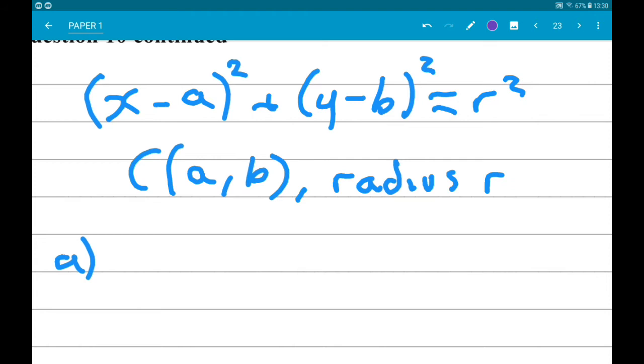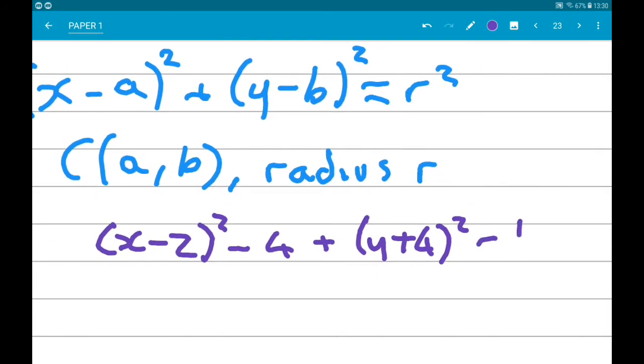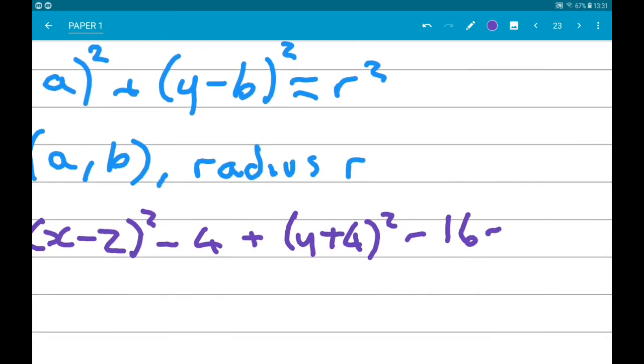So x squared minus 4x is (x minus 2) squared minus 4. y squared add 8y is (y add 4) squared minus 16. And then we add minus 8 equals 0.